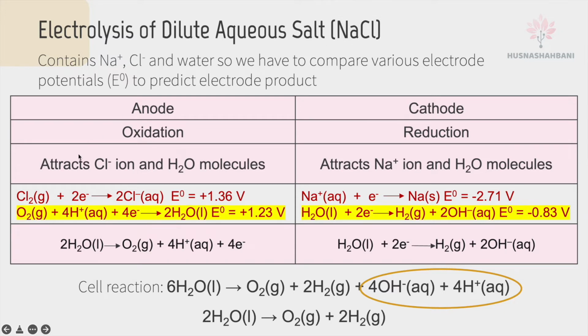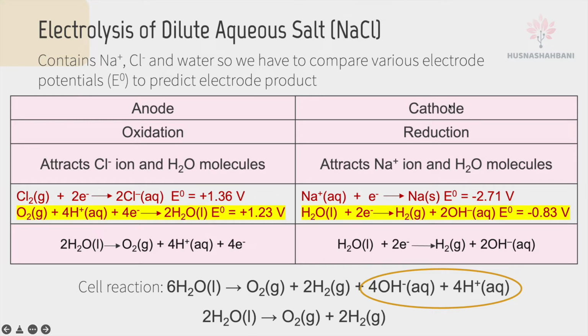The anode attracts Cl- ion because Cl- will produce Cl2. Oxidation: Cl- becomes Cl2. And then we have the water molecule for oxidation. The water molecule will lose electrons and the products will be H+ and oxygen.